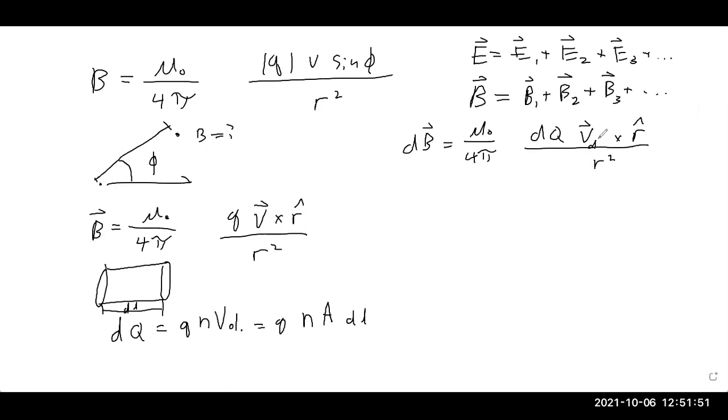So the speed used, or the velocity used now, is just the drift velocity, how charges in this segment of wire move. And our charge is just the charge in that little bit. So this can be expanded. That dq can be this now.